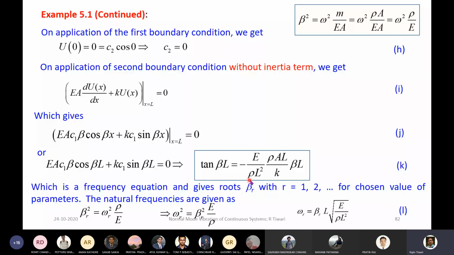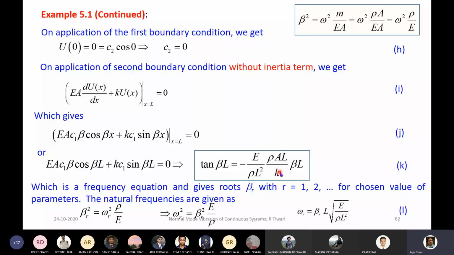Here you can see that our aim is to obtain beta L, which is from this equation, which is transcendental in nature. Once we get beta L from here, we can get the natural frequency. Let us say we solve this equation using a numerical technique, and we got the various values of beta L for r equal to 1, 2, 3, because we'll get an infinite number of solutions for this.